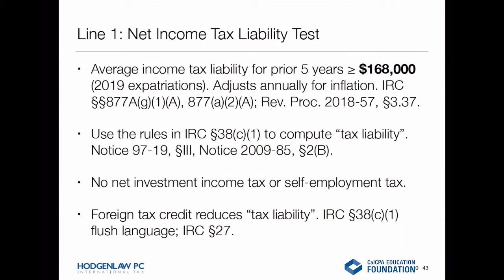So what you do is you use the rules in Section 38(c)(1) to compute tax liability, and you do not include net investment income tax or self-employment tax. And you do get to use the foreign tax credit to reduce the tax liability. So you compute that, you add up the prior 5 years, divide by 5. If it's over $168,000, then that's going to make you a covered expatriate.